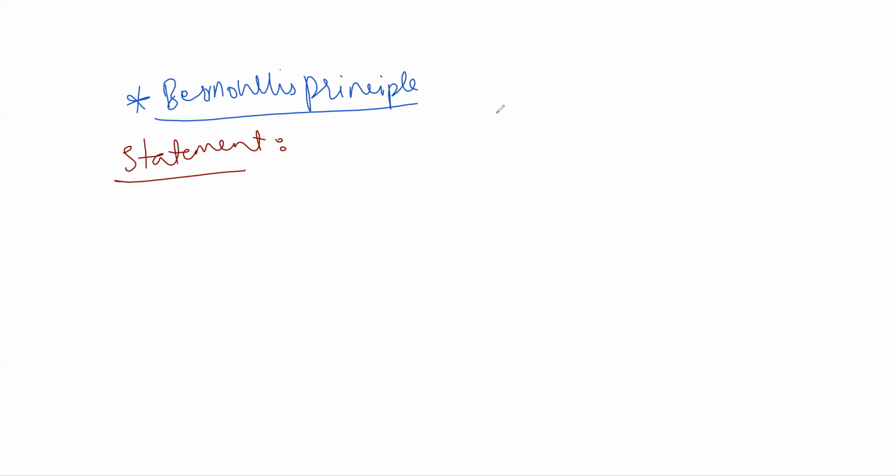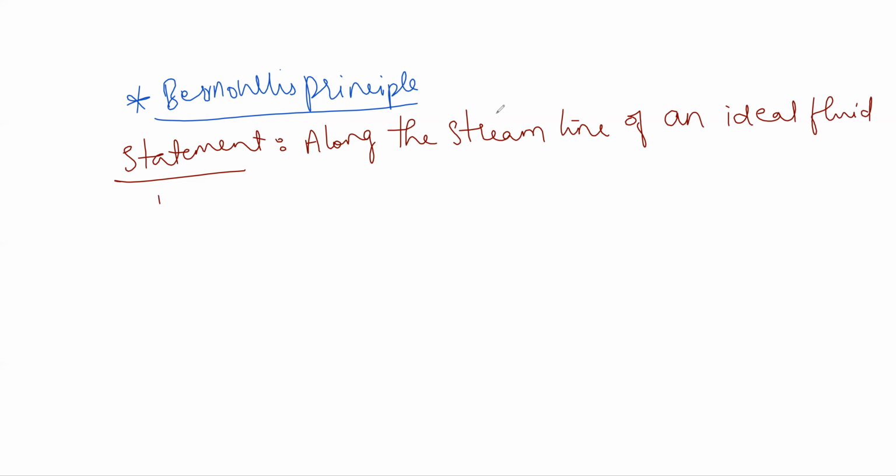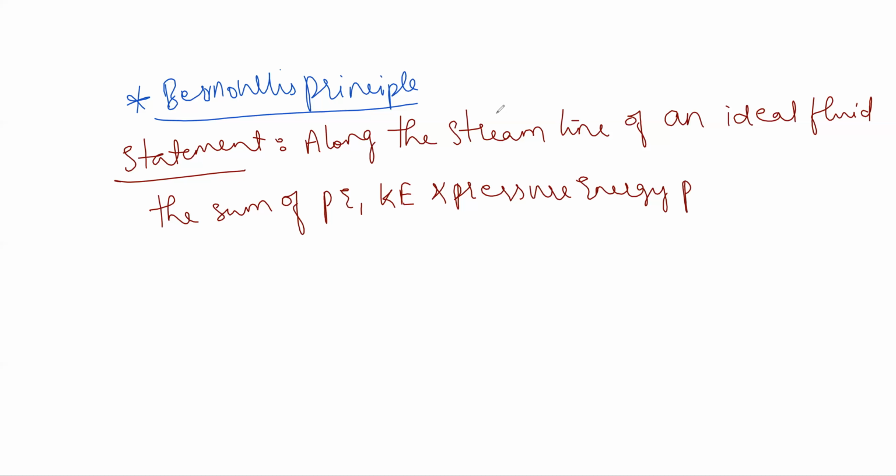What it states is, along the streamline of an ideal fluid, the sum of potential energy, kinetic energy, and pressure energy per unit mass remains constant. So this is the statement of Bernoulli's principle.